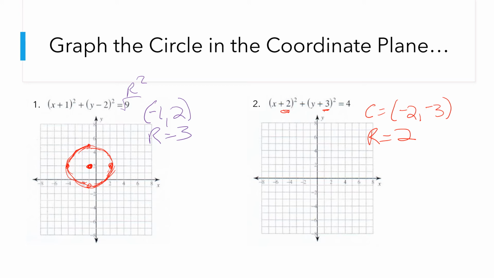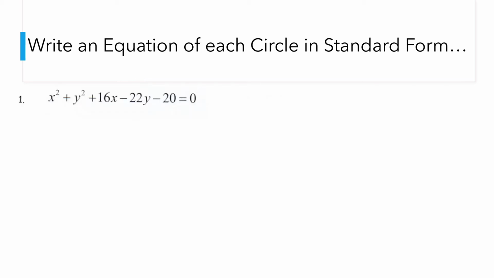Start with the center, -2, -3. Radius is 2, so I'm going to go 2 out in all directions. So 2 up, 2 left, 2 down, 2 right. And then pretty much just try to make it look circular from there. All right, that's how the graphs would go.